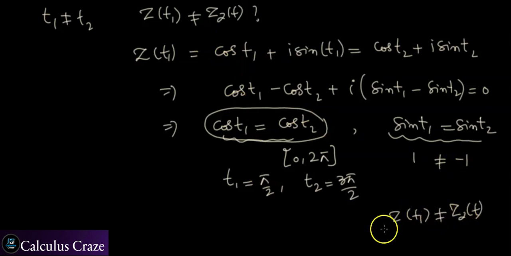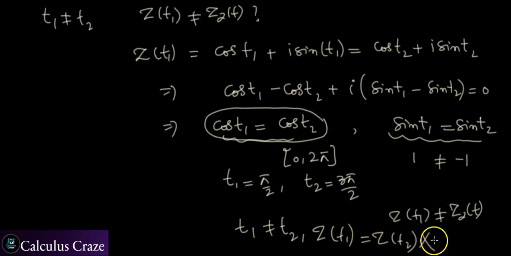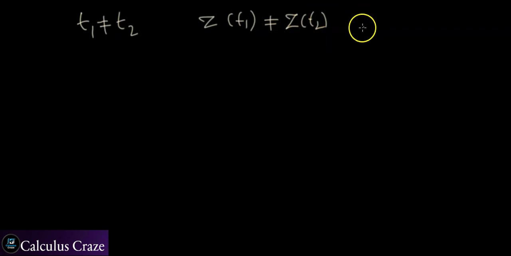In this way you can argue that there are no such t1 and t2 which are not equal but z of t1 is equal to z of t2. This is not going to happen. Because for every t1 not equal to t2, z of t1 is other than z of t2, the circle is simple.